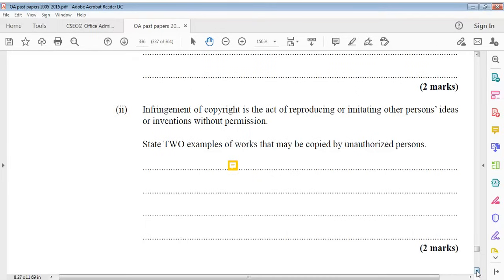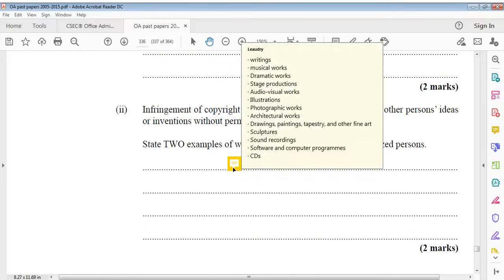State 2 examples of works that may be copied by an unauthorized person. So state 2. So let's state them.